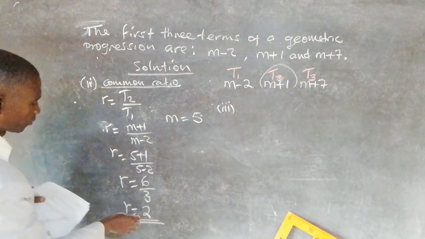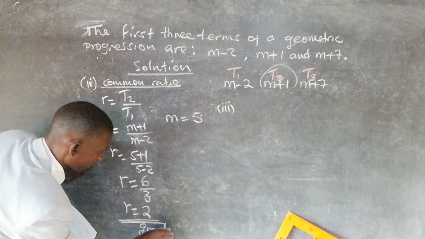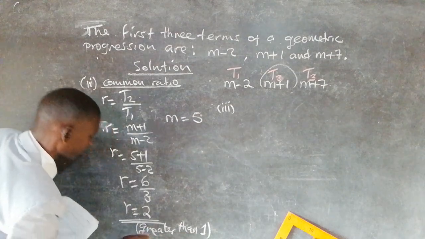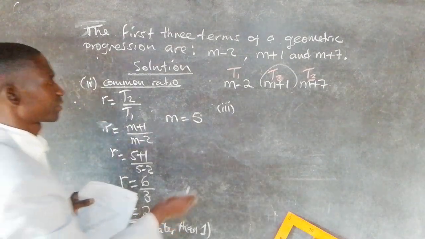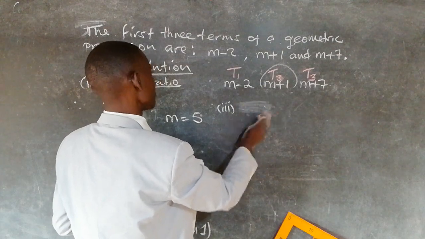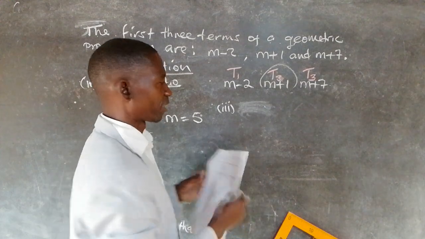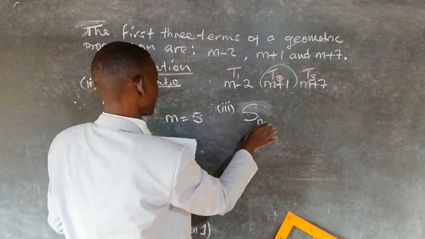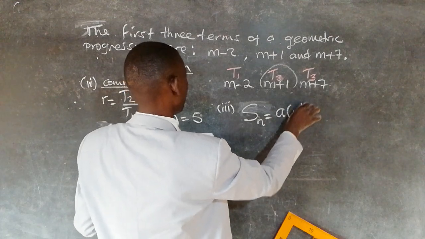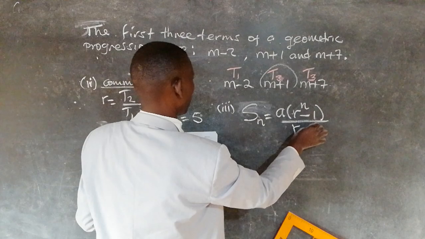If you look at the common ratio, which is 2, this is greater than 1. If the common ratio is greater than 1, what you need to know is that the sum of the nth term of a GP, where the common ratio is greater than 1, is given by Sn equals the first term, and then common ratio to the power n minus 1, then divided by common ratio minus what? 1.